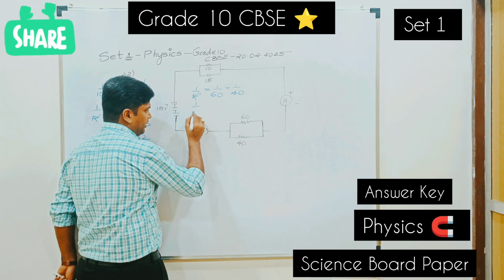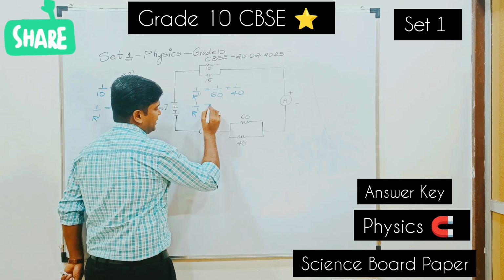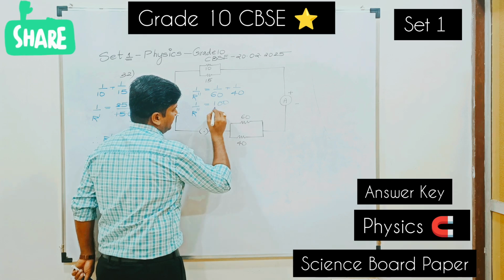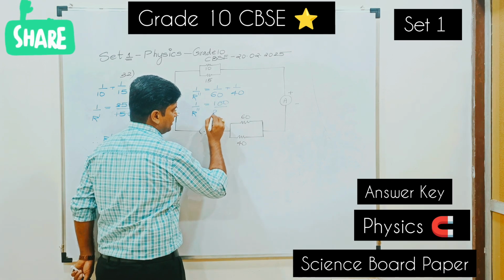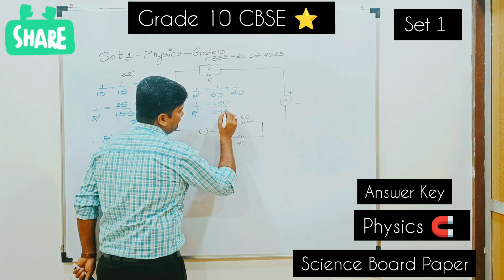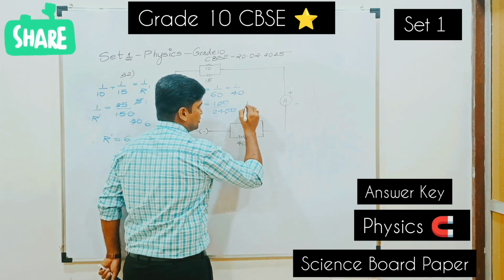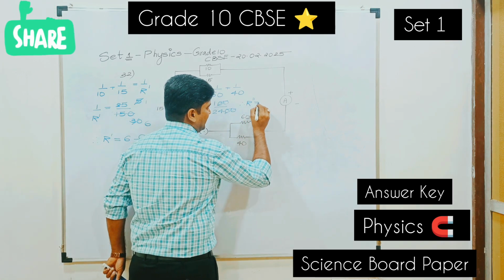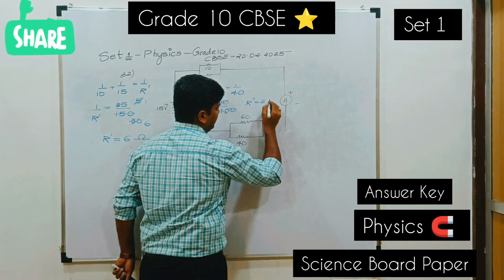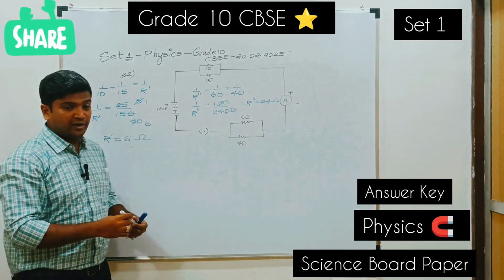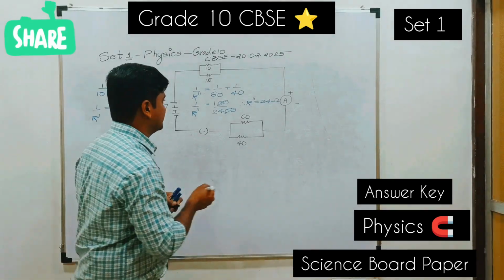So 1 by R double dash, if I cross multiply, 40 plus 60, I'll be getting 100, and 6 fours are 24 with 2 zeros. So these 2 zeros get cancelled. So R double dash will be how much? 24 ohms.